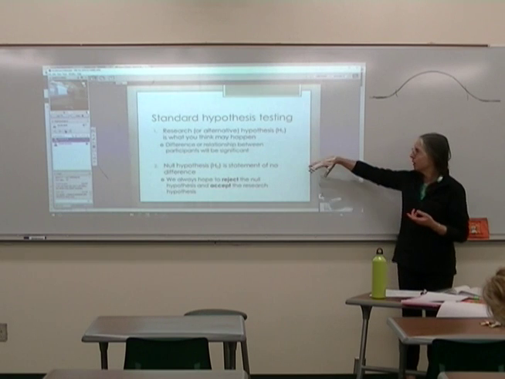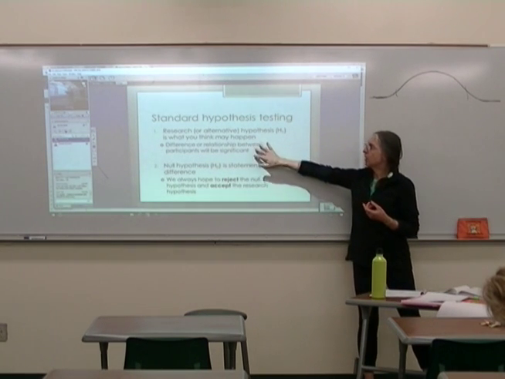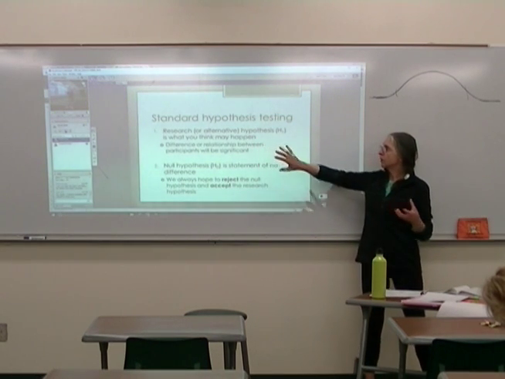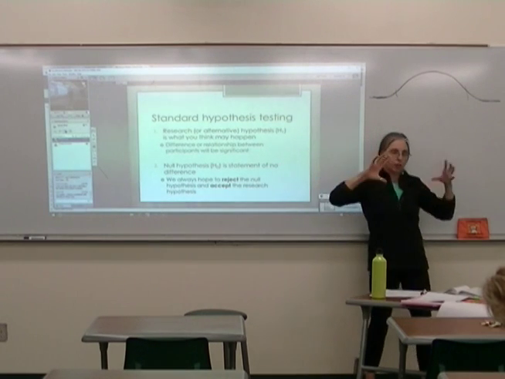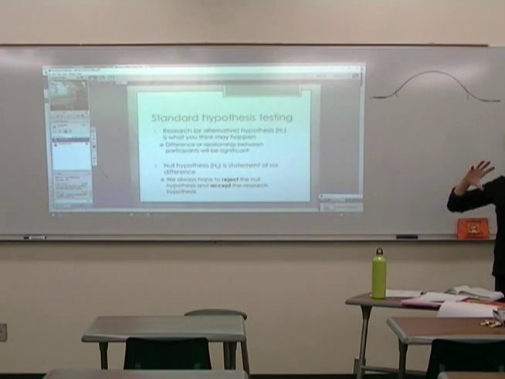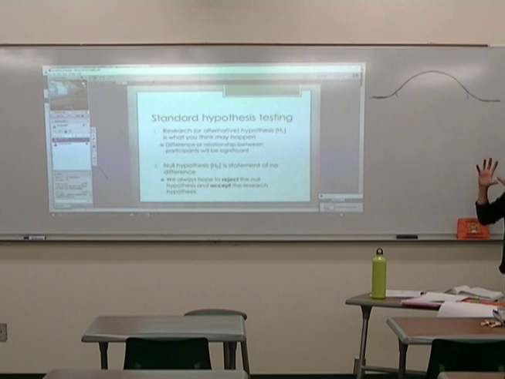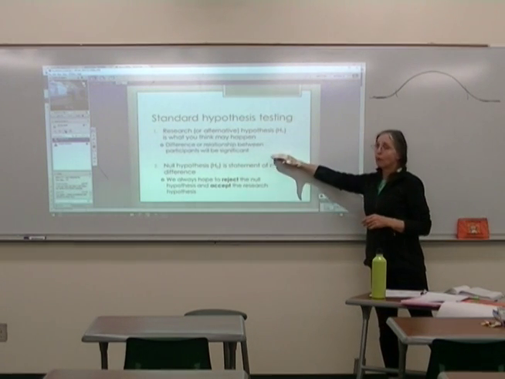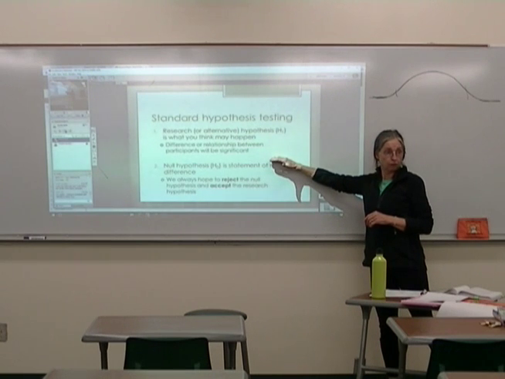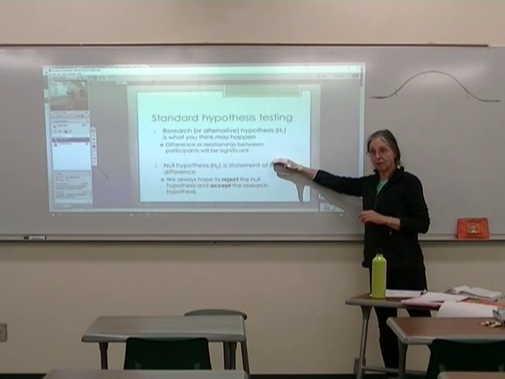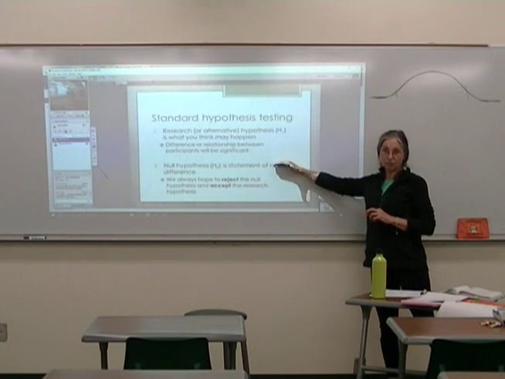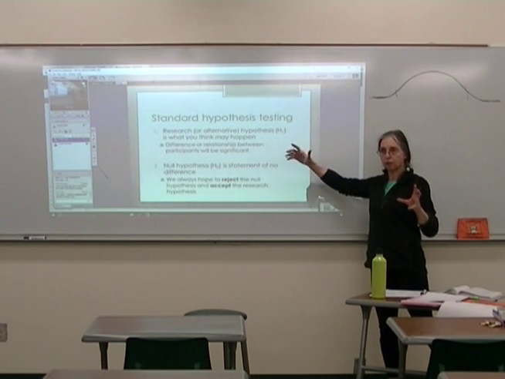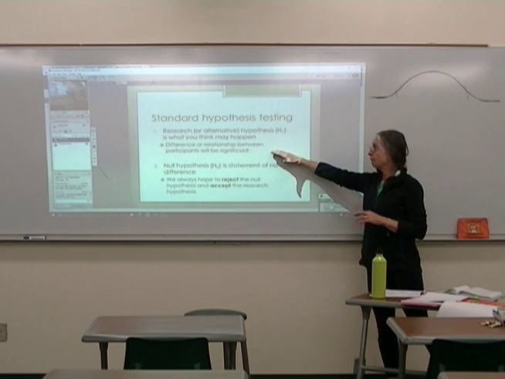It's giving a statement of the difference or the relationship between the participants, the variables, and that we're going to find the difference. That the relationship is going to be significant, or that the difference between these two things is going to be significant.